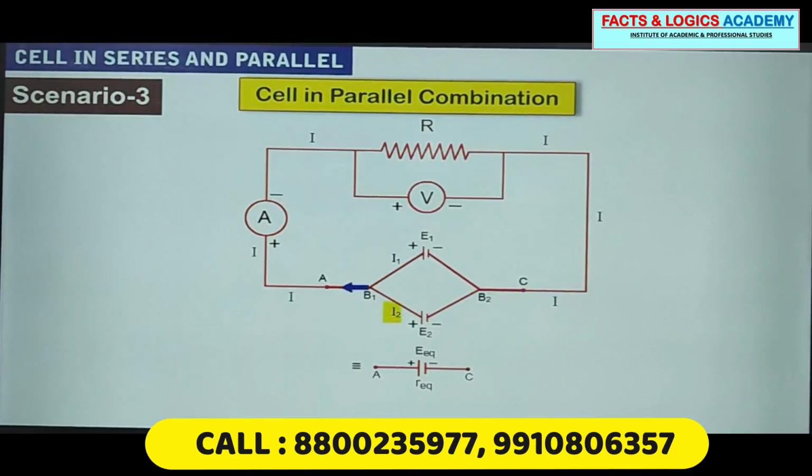Similarly, I2 is the current leaving the positive electrode of the second cell. At junction point B1, I1 and I2 flow in and flow out as I into the external circuit. At any point in a circuit, the total charge flowing in must be equal to the total charge flowing out.